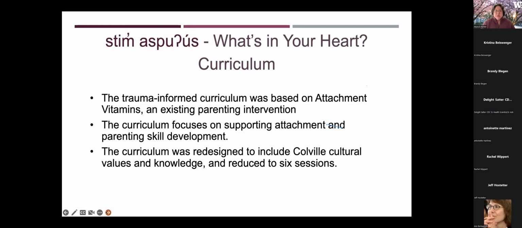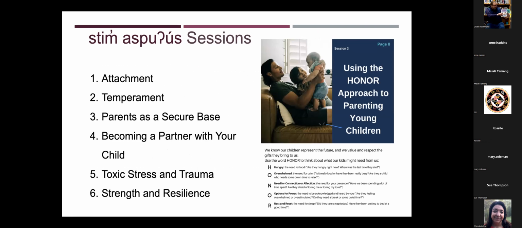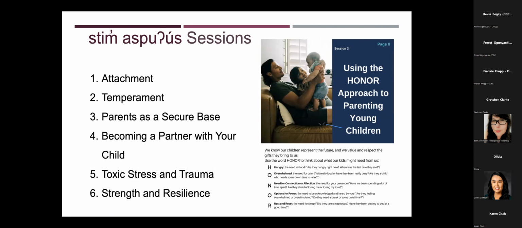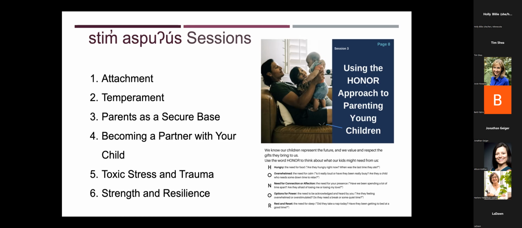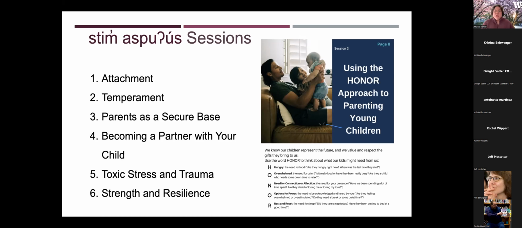I think I mentioned a little bit about this before, and so I wanted to just give you a couple of snapshots about some of the sessions. So these are the 6 sessions. We wanted to focus on attachment, understanding child temperament and how that relates to our temperament as parents, thinking about our role as a secure base with our children, understanding how to partner with our children, and also how to navigate some of the toxic stress and trauma that we might have experienced or might be experiencing, as well as understand the strength and the resilience of ourselves, our families, and our communities.